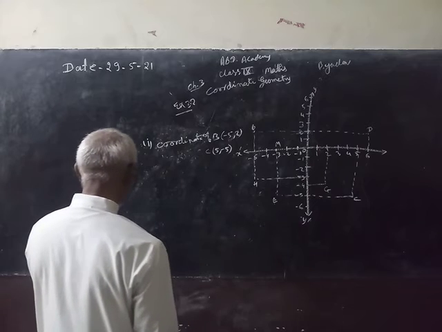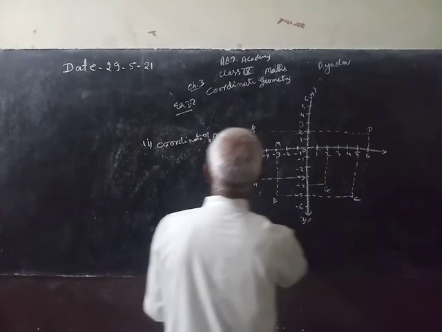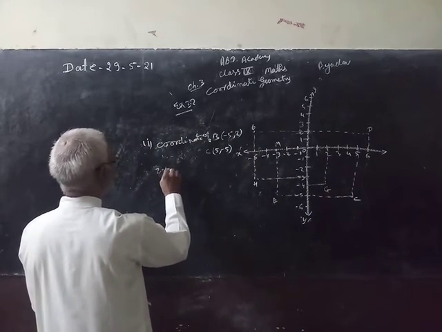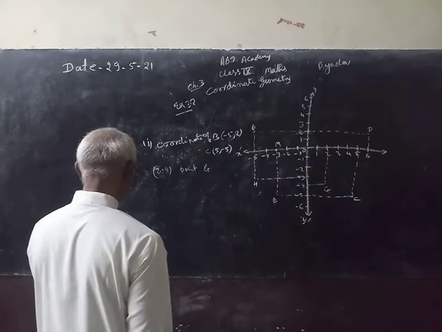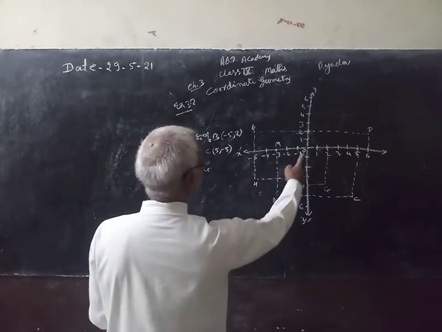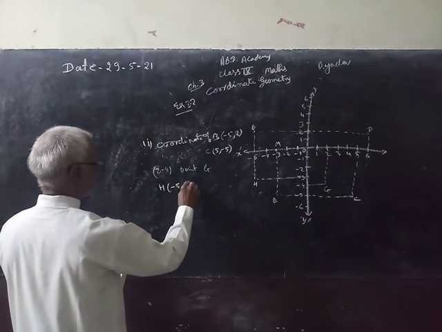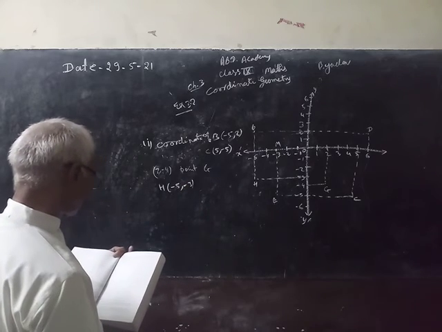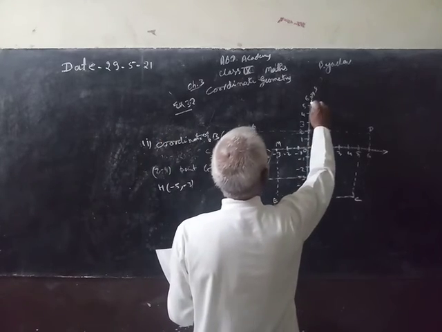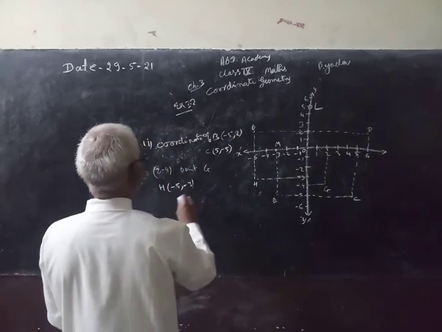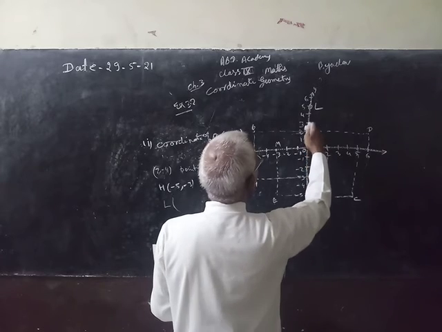Then the coordinate of the point identified by 2 and minus 4 is G. Not going left or right, so it is 0, 1, 2, 3, 4, 5.